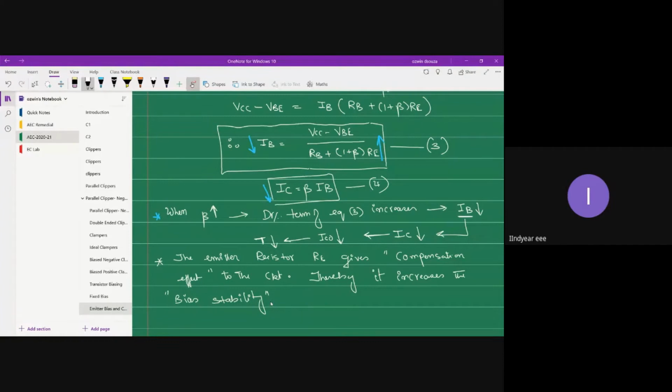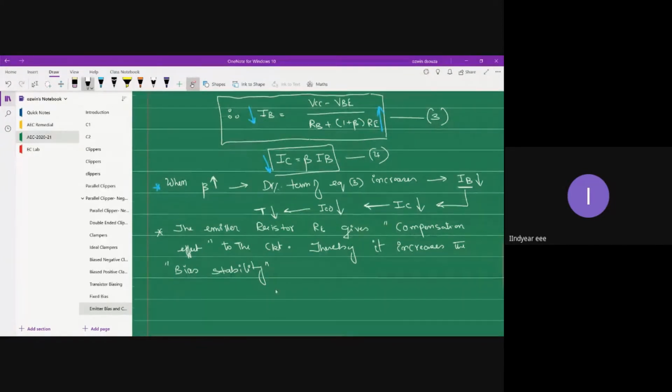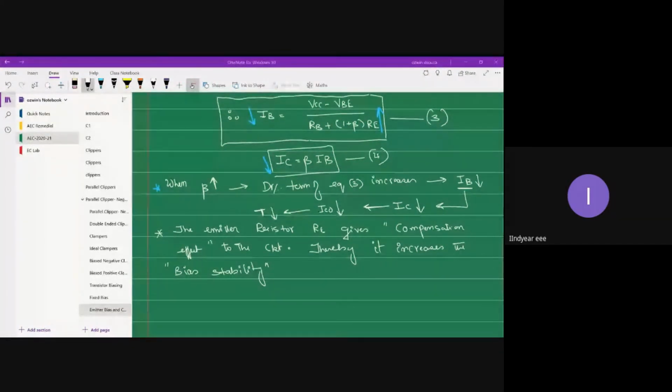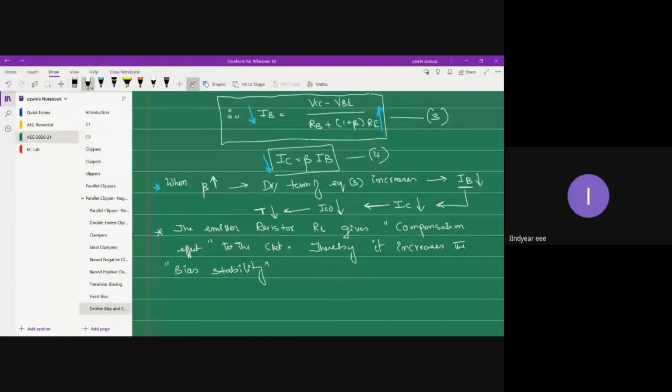Bias stability. So that's the effect. Is it understood? Can you just give me a confirmation with yes or no? Yes, sir. Okay, fine. So that's about the base current.